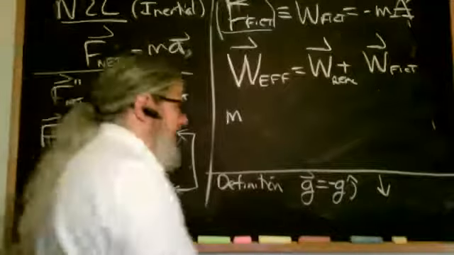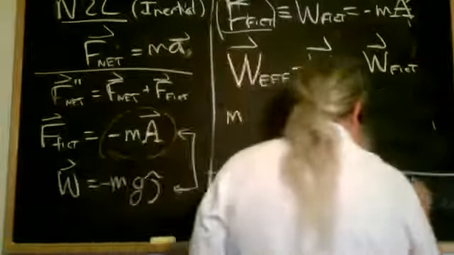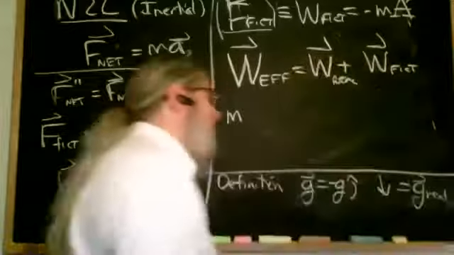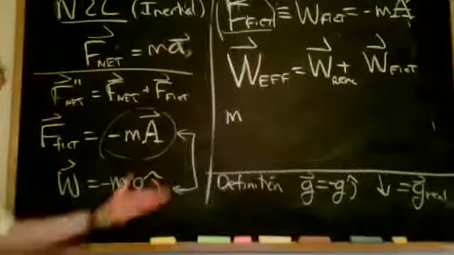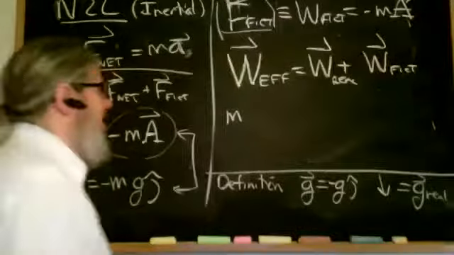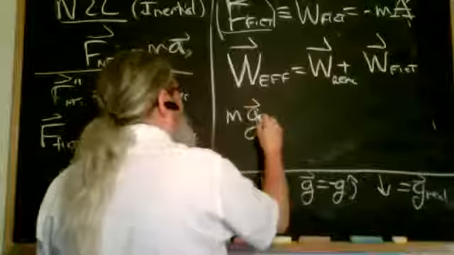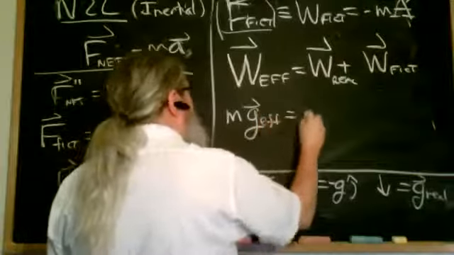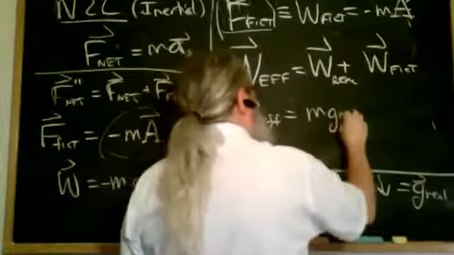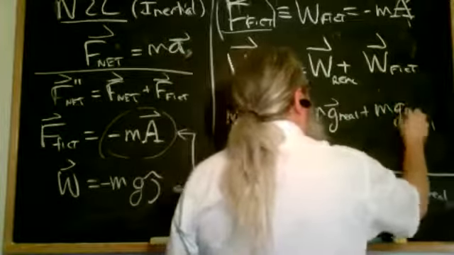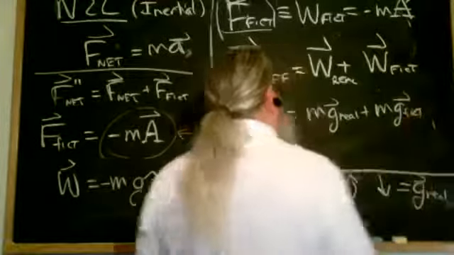And this is also the same thing as what I'm going to call G real, which is to say the real acceleration due to gravity. Okay, so then I can write down that the effective weight, which is m times G effective, is equal to m times G real plus m times G fictitious, right?